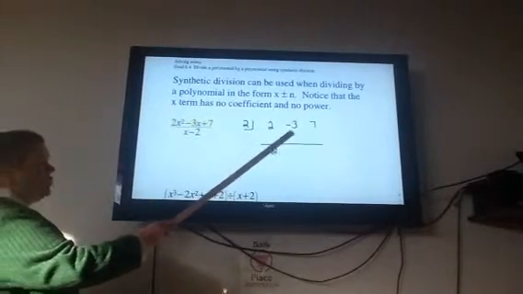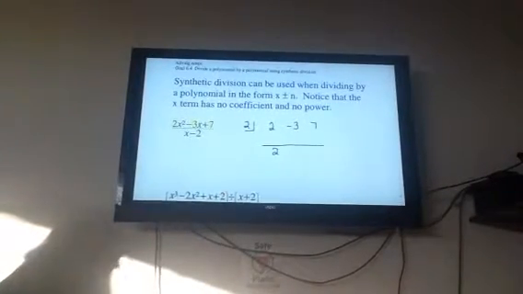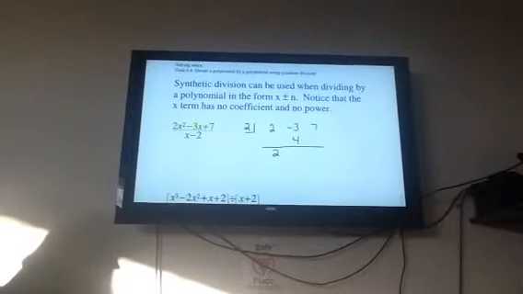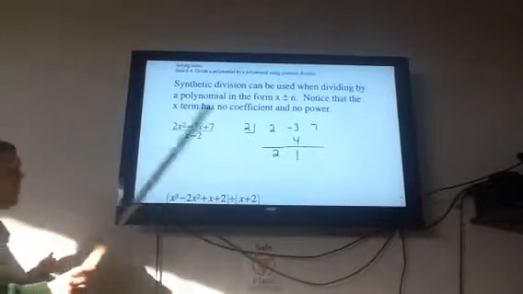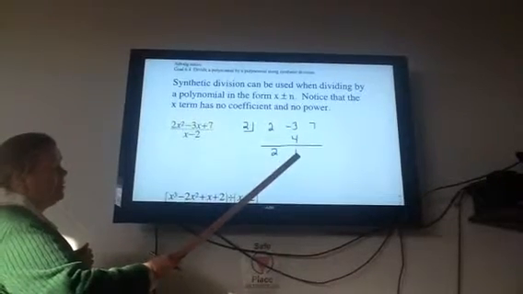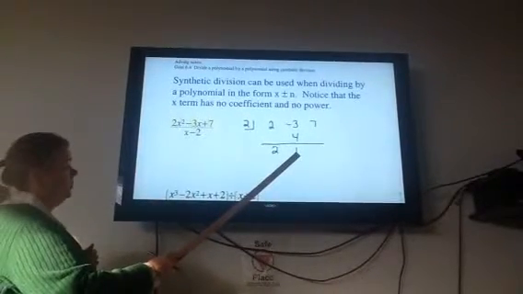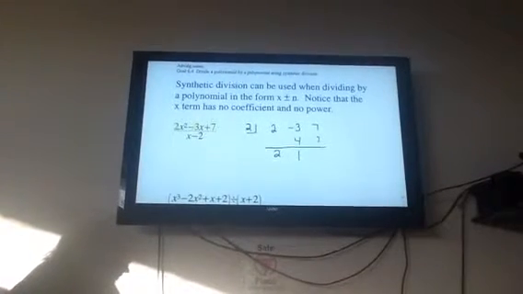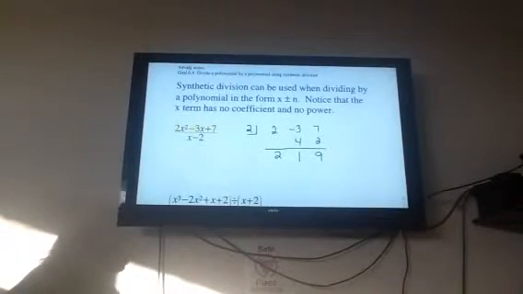And that goes under the -3. And we add that together. And we get 1. And we repeat that. 2, the number in the box, times the number down here. 2 times 1 is 2. That goes under the 7. And we add that, and we get 9.